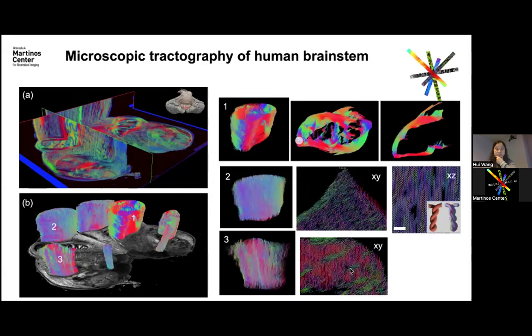And here's another bundle that shows a similar interweaving pattern, but with a different angle. They're crossing at a larger angle, sort of like this pattern. So those are some of the fine structures that we revealed by this connectivity study that we'll do more validation on.